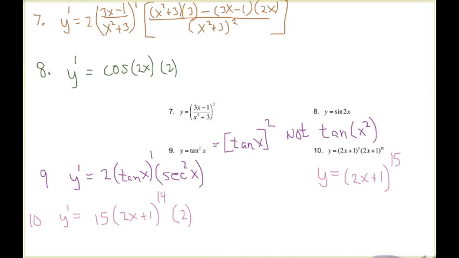After number 7, 8, 9, and 10 were relatively easy, I believe. Number 8, derivative of the sine is the cosine, little chain rule added on. Number 9, I think one of the things about this one is this whole syntax of putting squareds in. On your calculator on the TI-84, I do not think you can write it like this. I think you have to take the tangent of x and parenthesize the entire quantity.